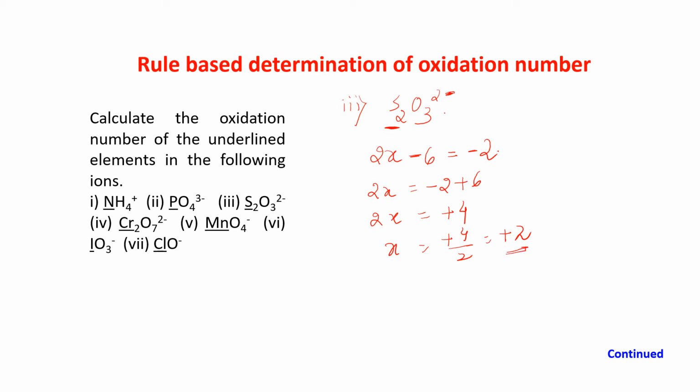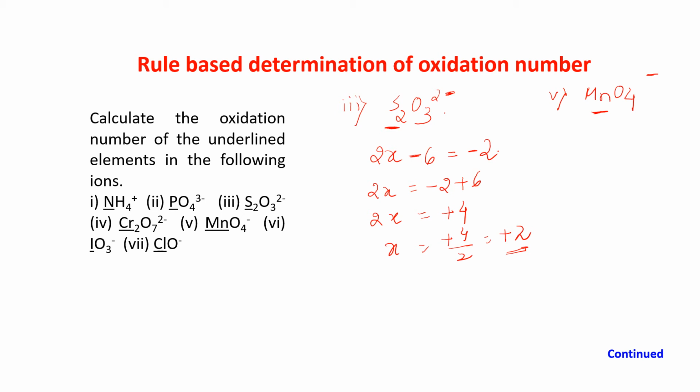Clear? Now I am showing you number 5, MnO4-. You have to find out the oxidation number of Mn.